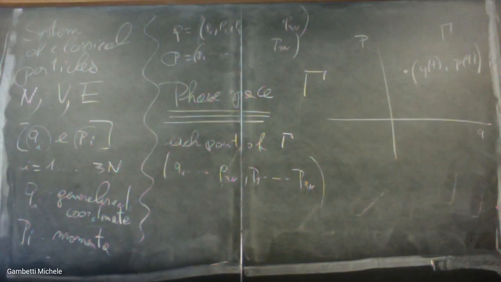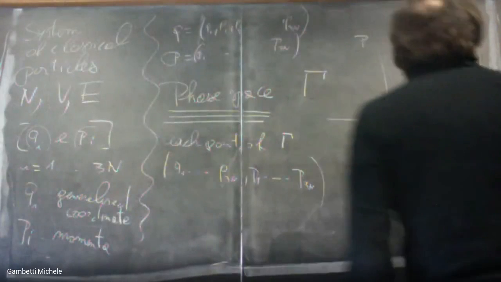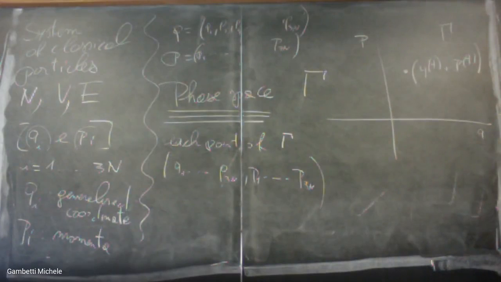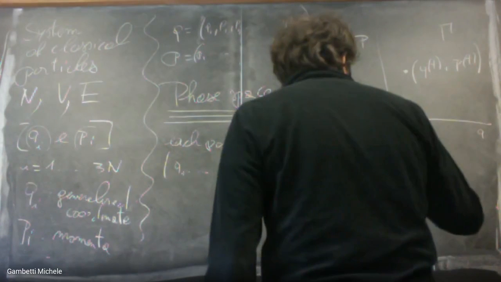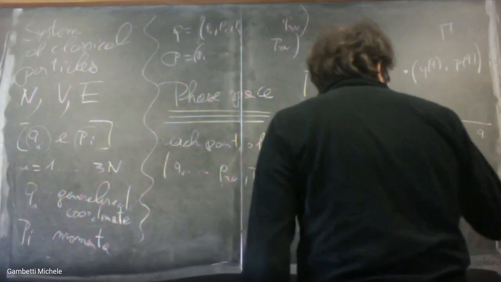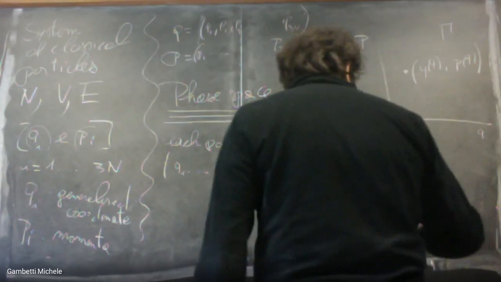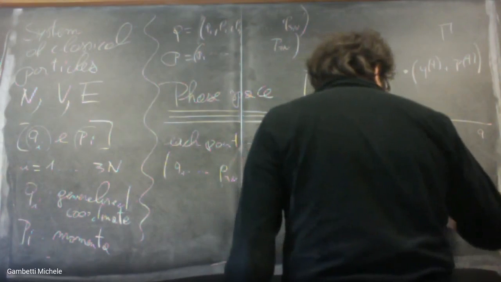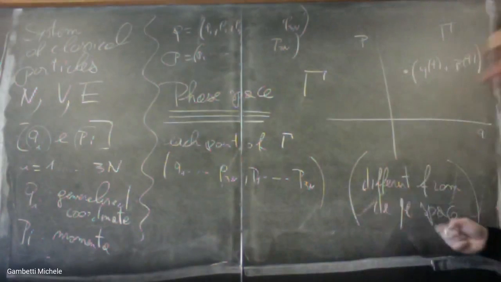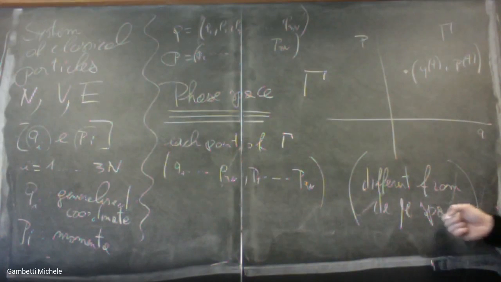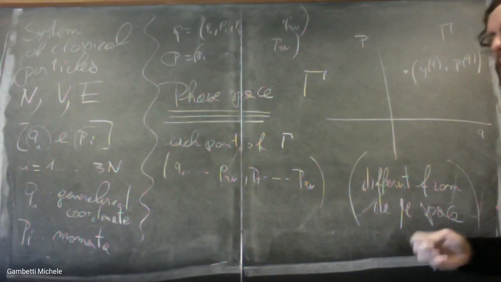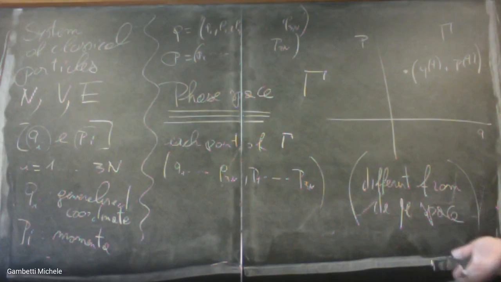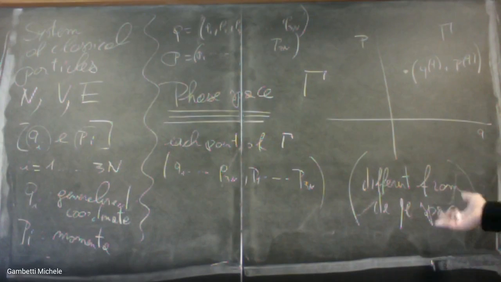Now, this space is different from the mu space that was introduced for dealing with the Boltzmann equation, in which case the axes were the three position components and the three components of the momentum.